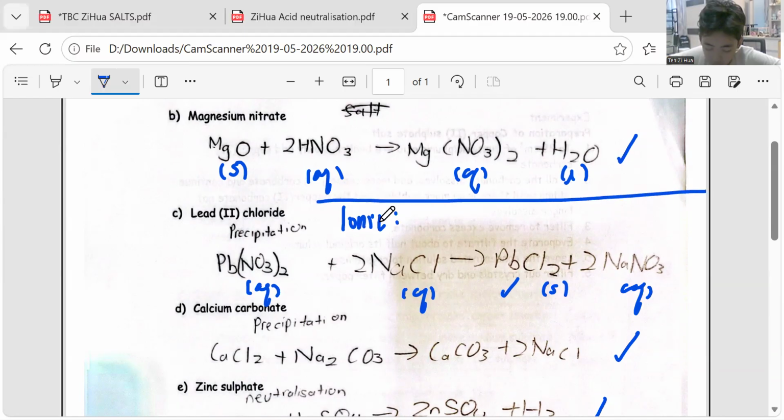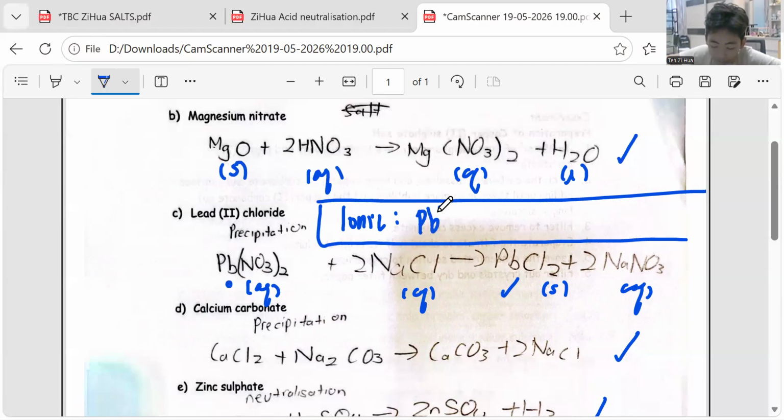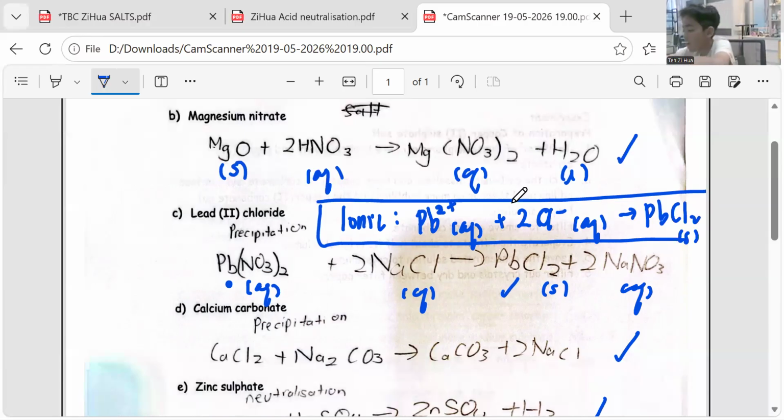You write an ionic equation when there is a change in state or a change from ion to atom, atom to ion. So in this case, lead, which started out as aqueous, reacts with chloride, which started out as aqueous, to become PbCl2, which is now a solid. So an equation like that is a 3-mark question. Can you understand?